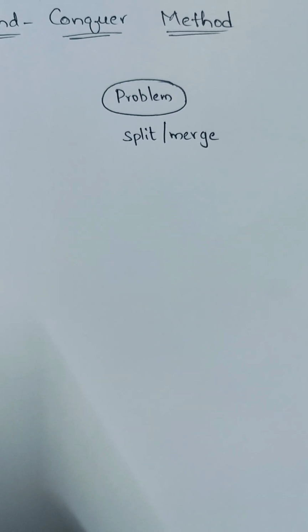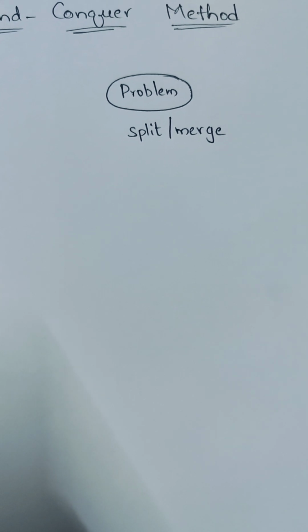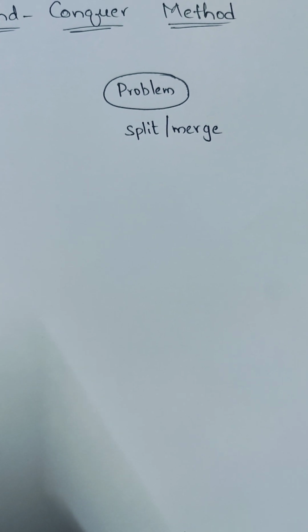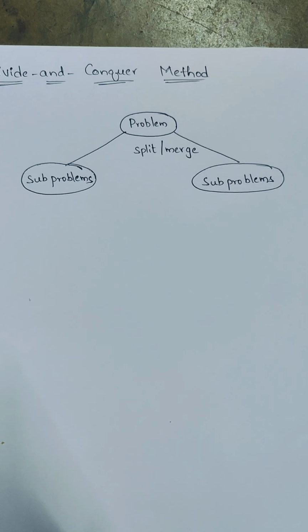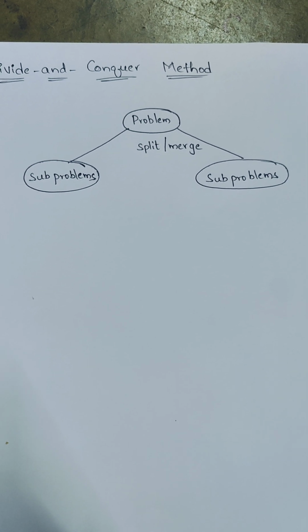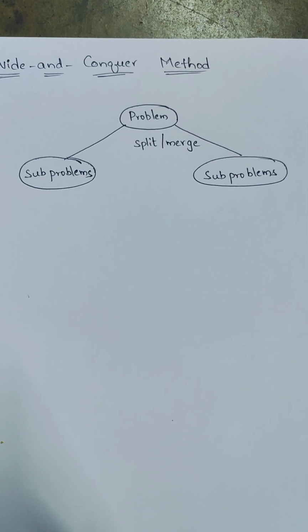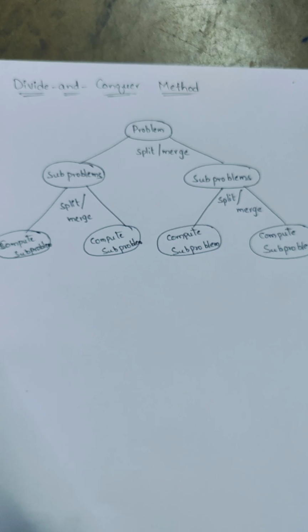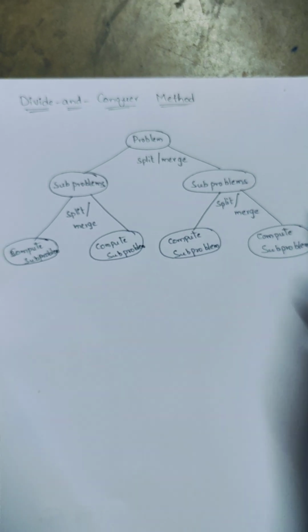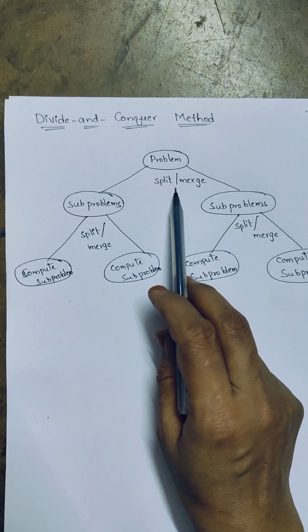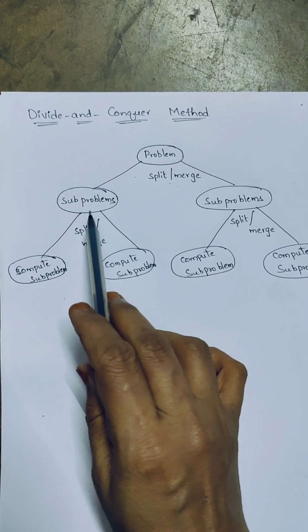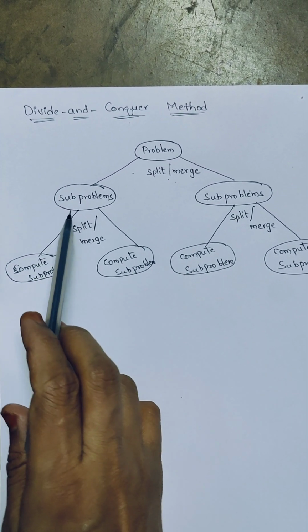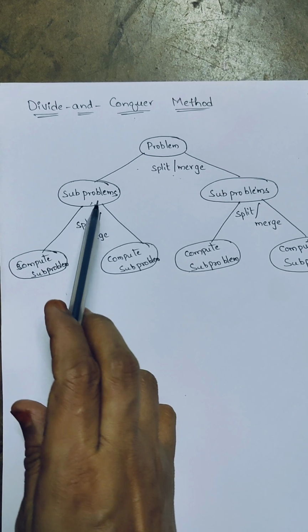For example, this is a problem and we need to split this problem into some smaller parts. So likewise, the big problem can be divided into smaller subproblems. A problem can be divided into two subproblems, and each subproblem can be solved individually.